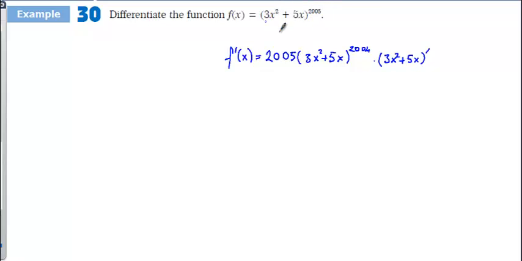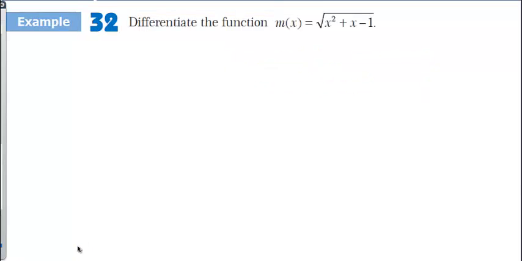This one. So its derivative: it's going to be equal to 2005 times (3x squared plus 5x) to the power of 2004, times the derivative of 3x squared, which is 6x, plus 5. The derivative of 5x is equal to 5. Okay.